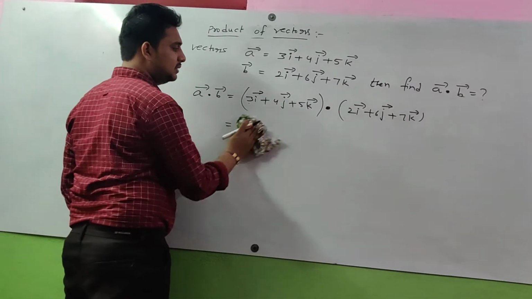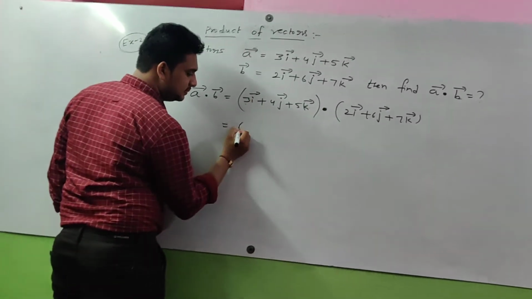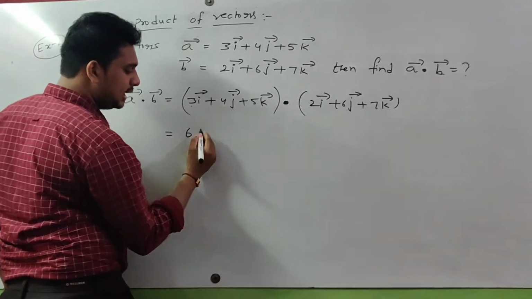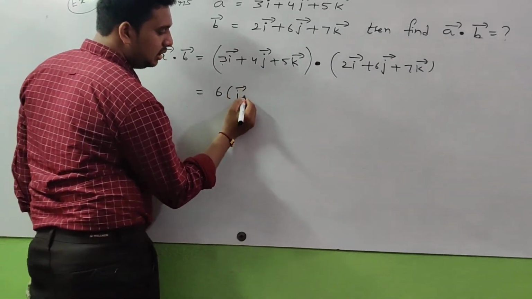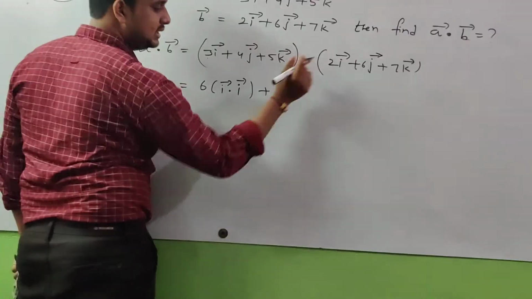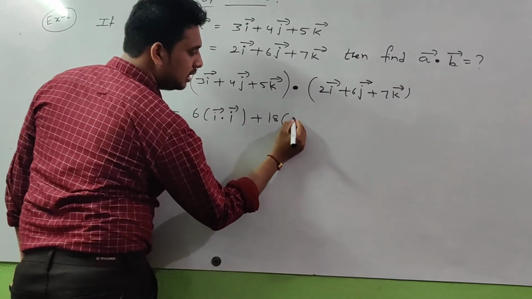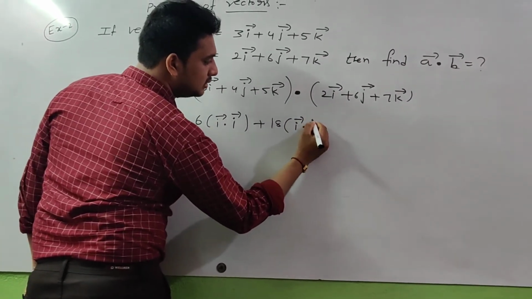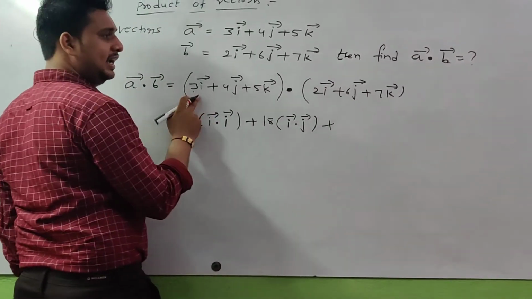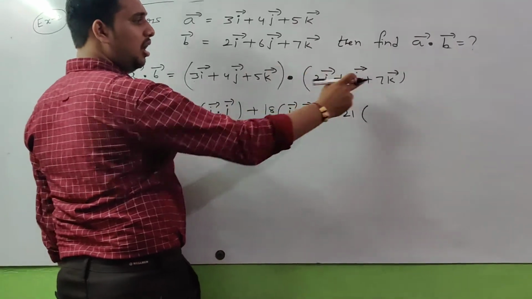Simple concept here. First you take 3 into 2, 6, I bar dot I bar. Plus 3 into 6, 18, I bar dot J bar. Next 3 into 7, 21, I bar dot K bar.